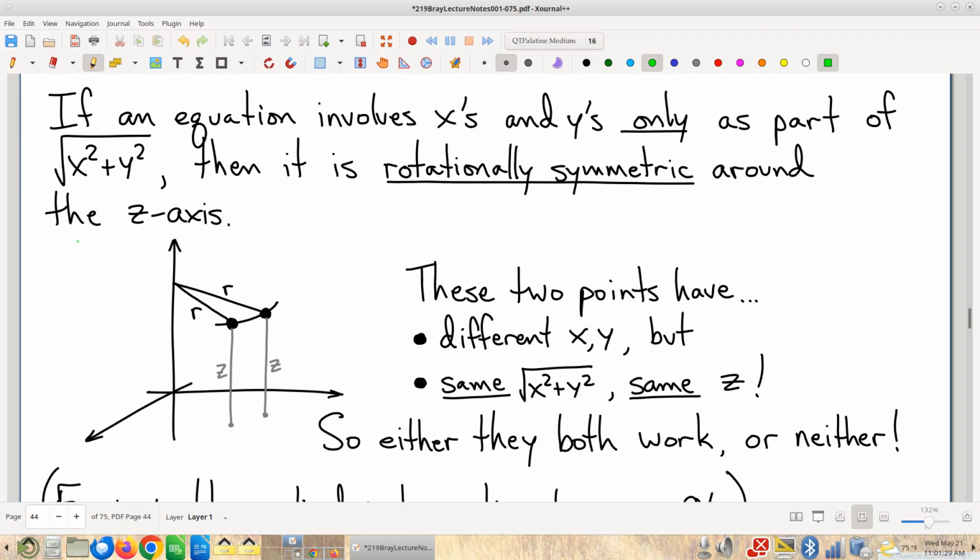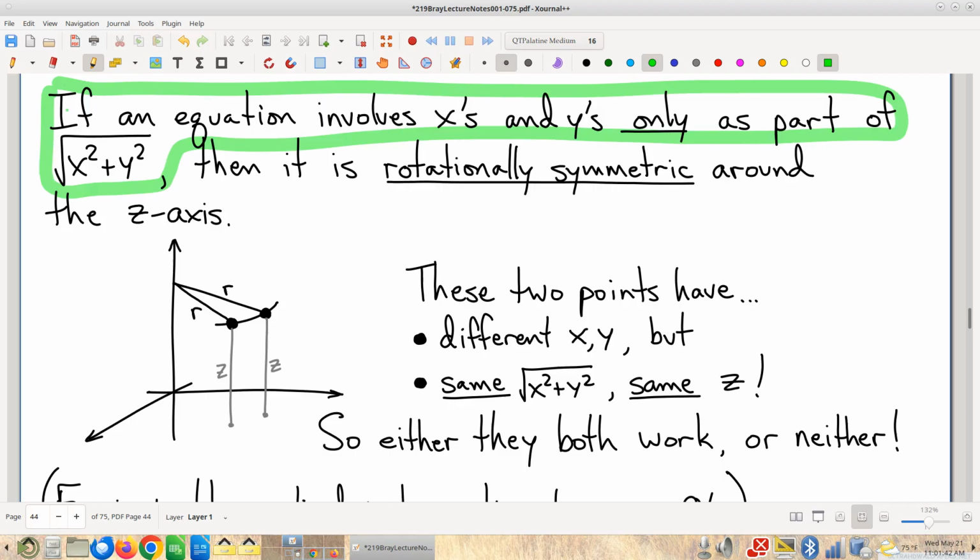I think this is an underappreciated idea. This isn't emphasized in most textbooks that I've seen anyway on the subject. Here's the big point. If, now that's a big if, this will not always be the case. This will usually not be the case.